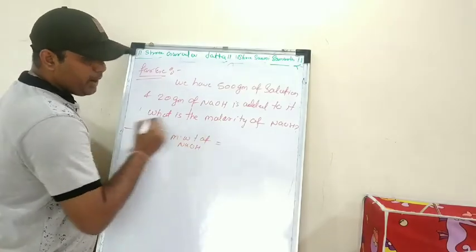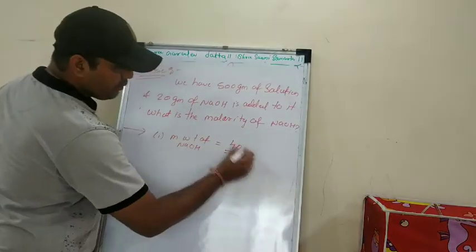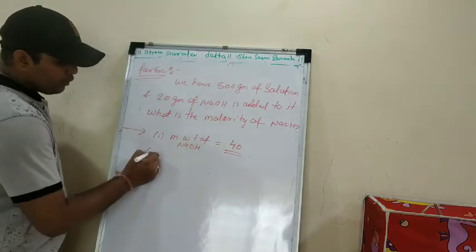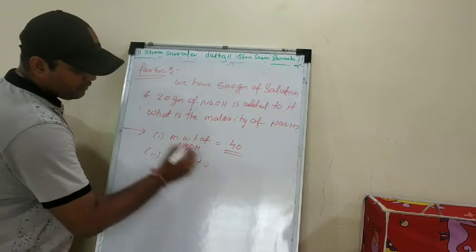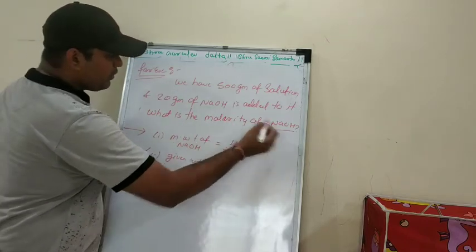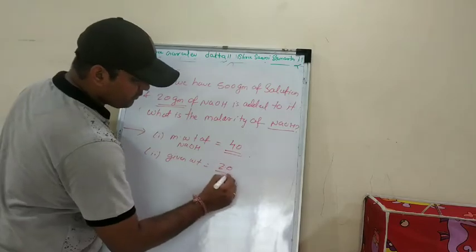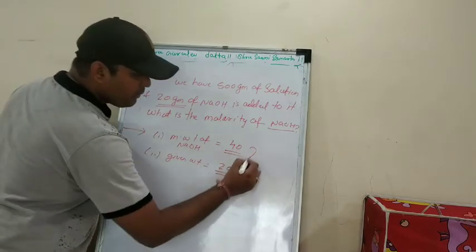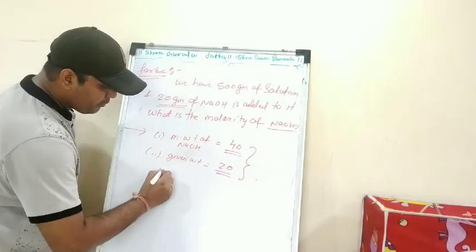The molecular weight of NaOH is 40, right? The molecular weight is 40. What is the given weight? Right? Given weight of the solute is 20 grams. See, 20 gram is given, right? Now will we be able to calculate the total number of moles? Yes, we can calculate the total number of moles.